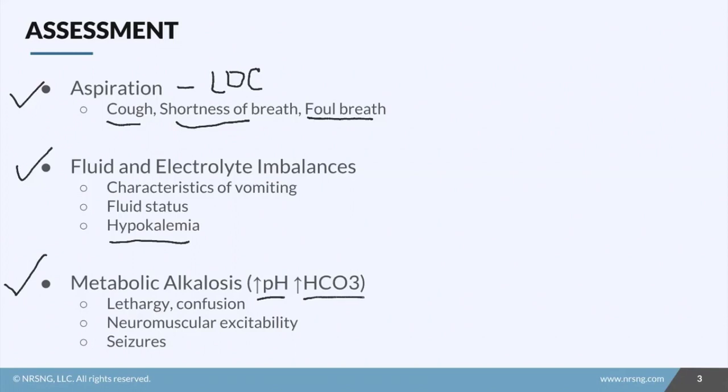Now, if this goes untreated, the patient's going to become lethargic and confused. They may experience some neuromuscular excitability, and they can even have seizures. So all of that's really important that we're paying attention to those symptoms because we need to treat that metabolic alkalosis if we see it. We have a whole lesson on ABGs if you need more information on acid-base imbalances like this one and how we treat them.